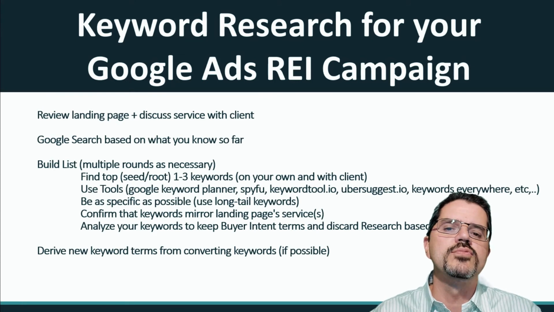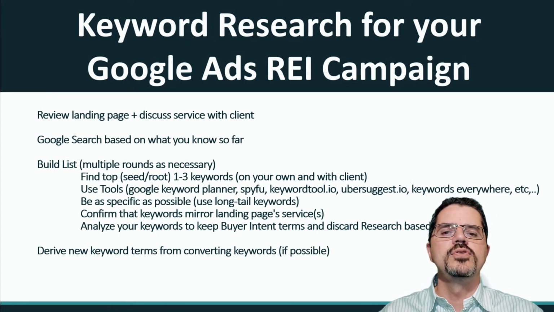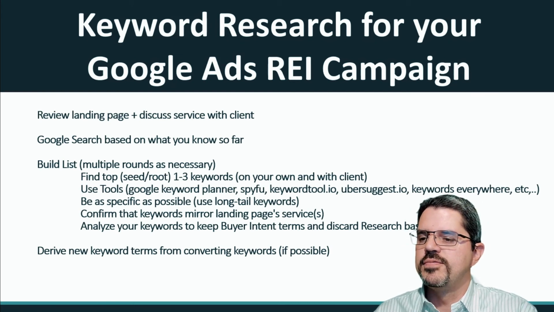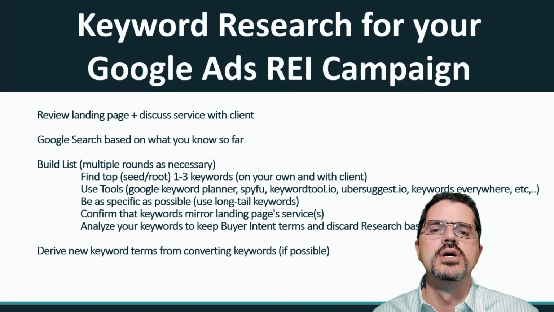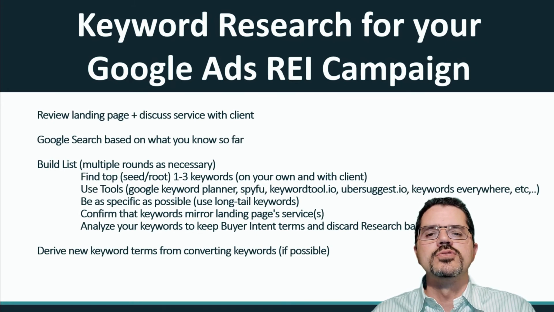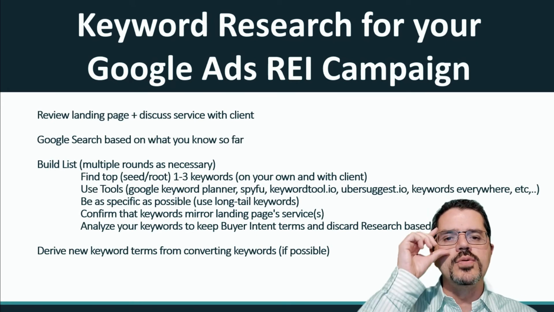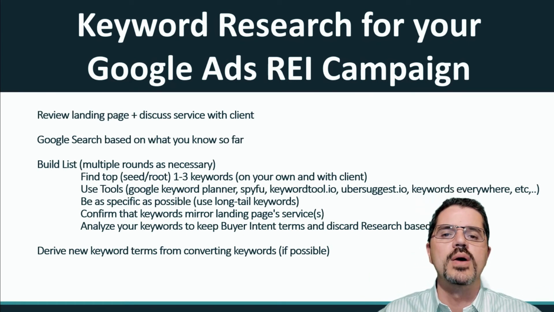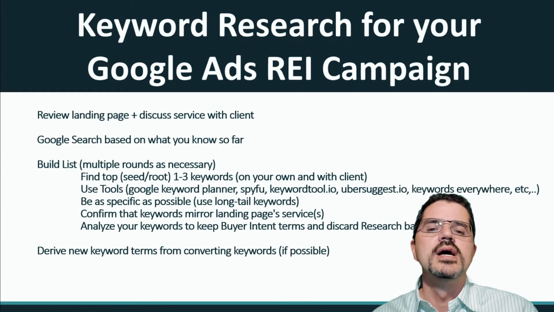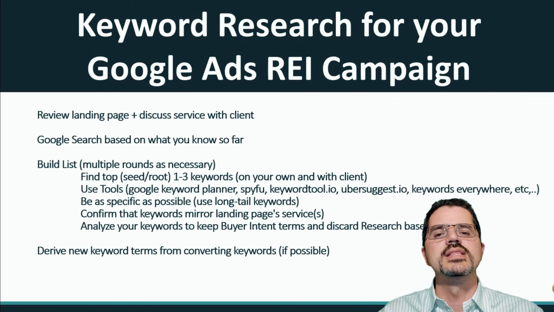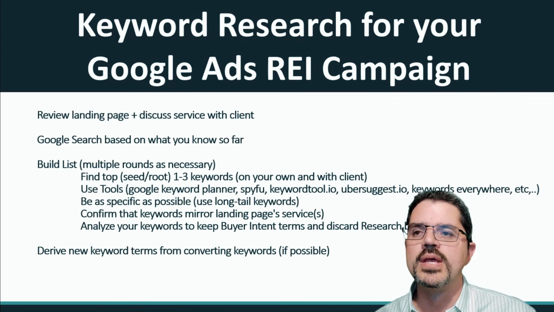Meaning, if you've already ran campaigns in the past, if you are working with a partner, Google Ads manager, or if for whatever reason you already have keywords or data to go off of, use that data to your advantage, right? Derive new keywords from that data, knowing that it worked, that it succeeded, and that it actually converted at one point. That's what this means. Of course, if this is your first campaign, you're not going to have data, so don't worry about this. This will come later, right?